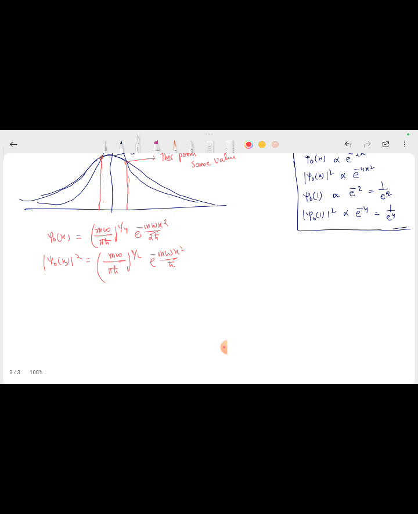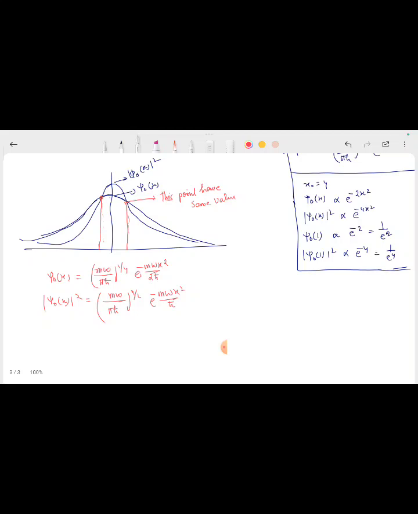Equate them to each other and then you can easily find at what points we get the same value of x. It is not very important, so don't worry, you can ignore this part.